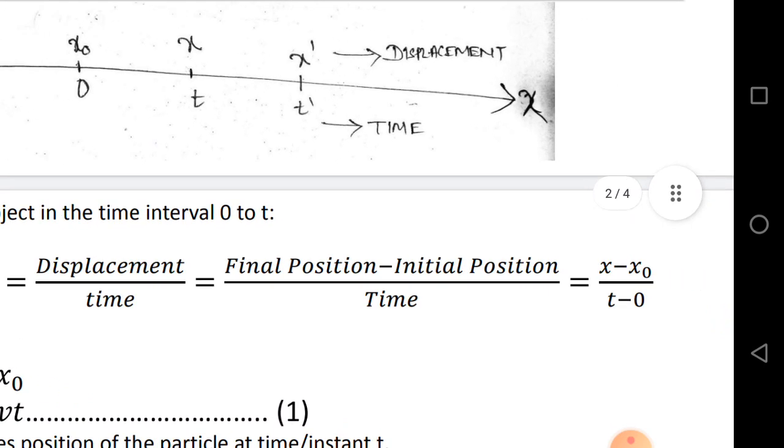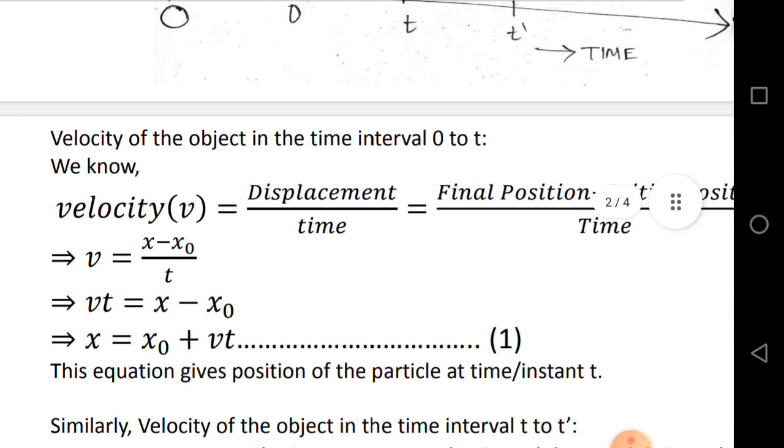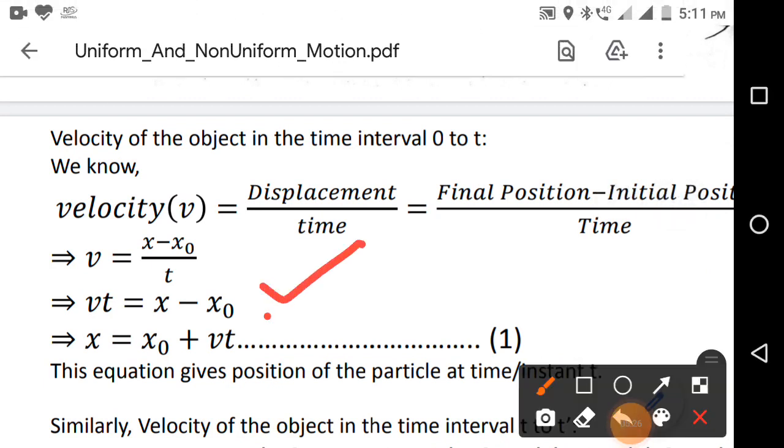So v equals x minus x0 by t, or vt equals x minus x0, or x equals x0 plus vt. This is equation 1, to get the position of the particle at time or instant t.